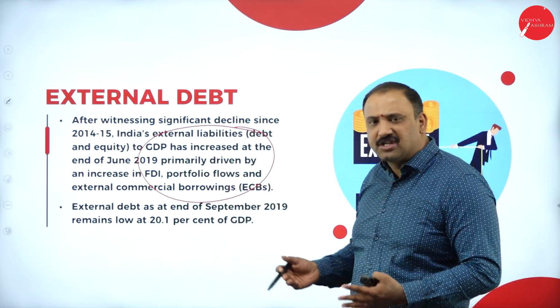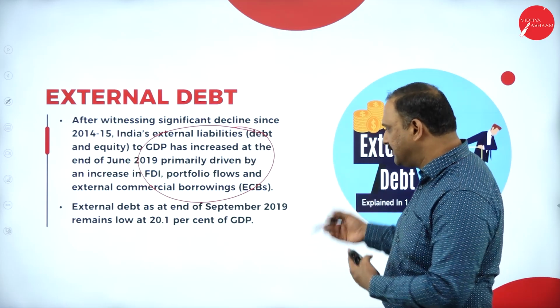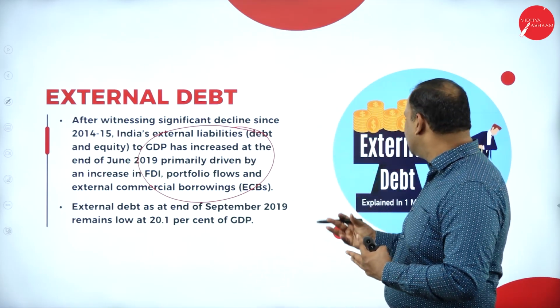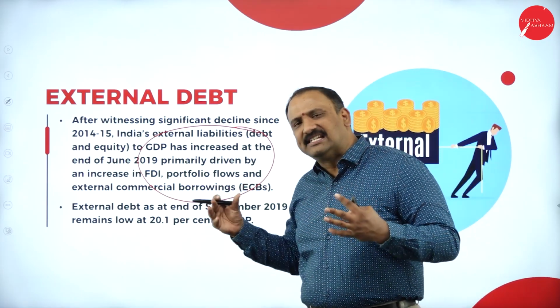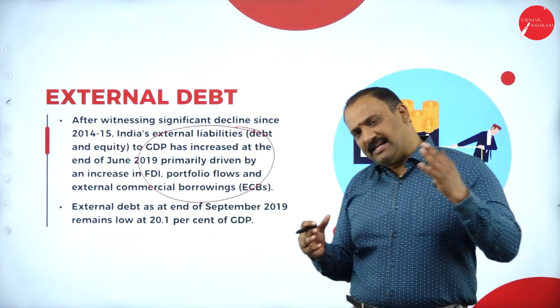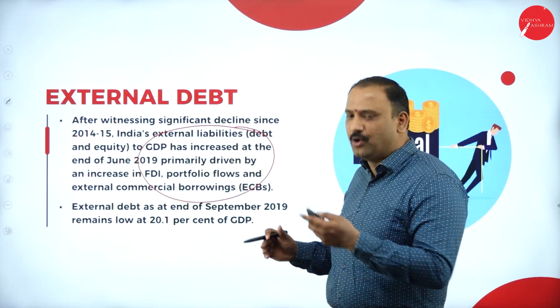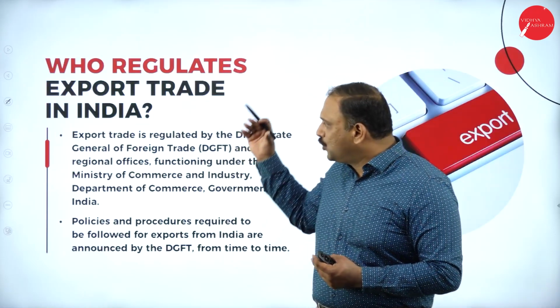We have borrowed a lot of money, and most countries go through this cycle. The external debt is a matter of concern for us, but nevertheless, our exports can go further and substitute it altogether. Now, who regulates it?